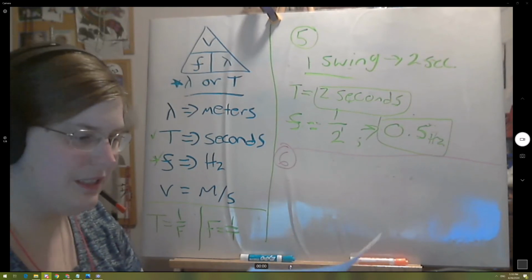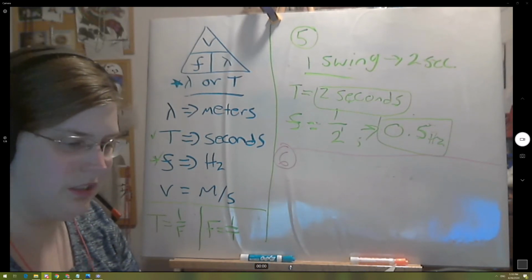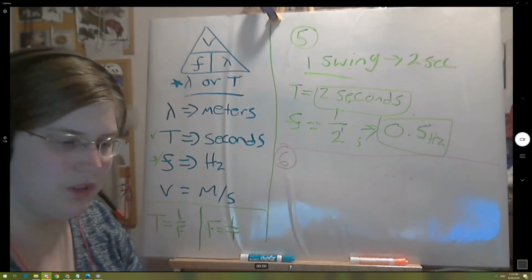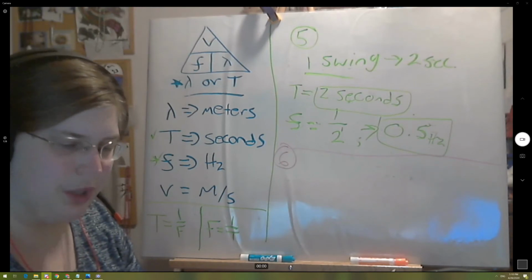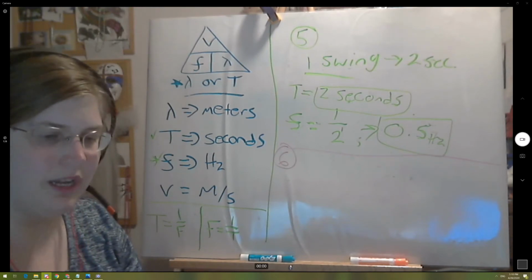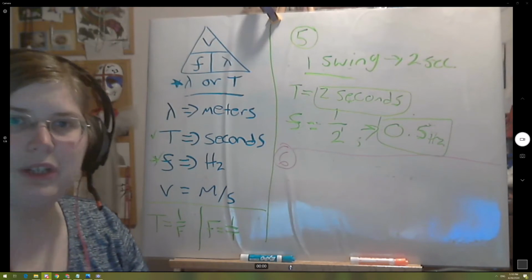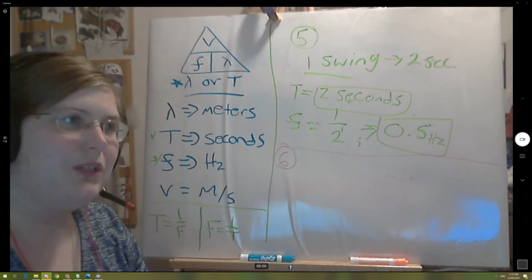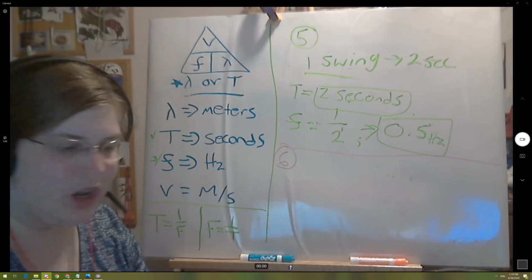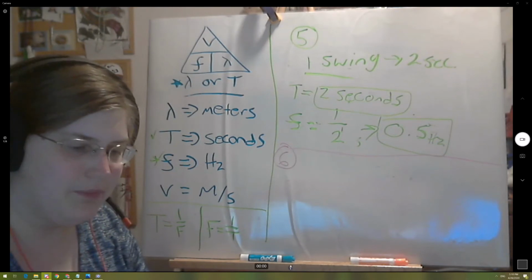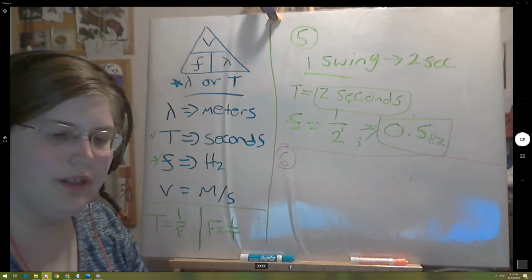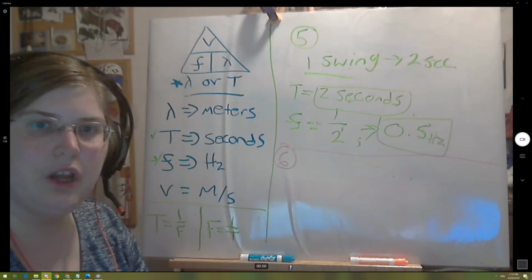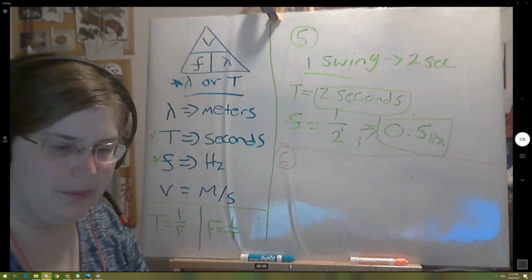Number 6 says, an oscillator makes 4 vibrations in 1 second. What is its period and frequency? Okay, so when we say vibrations, it means basically 4 cycles have gone by in 1 second. So we want to know what its period is and what's the frequency.